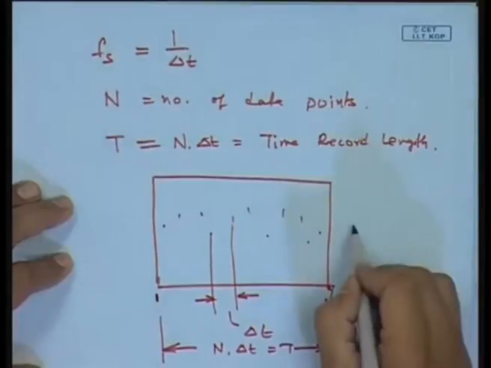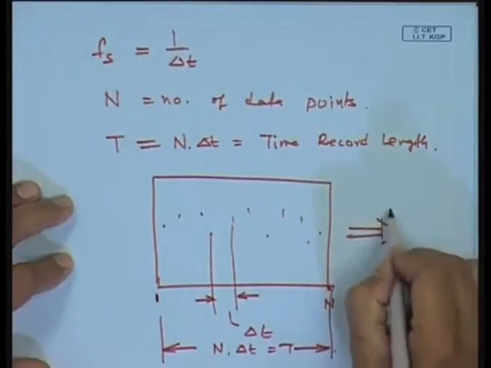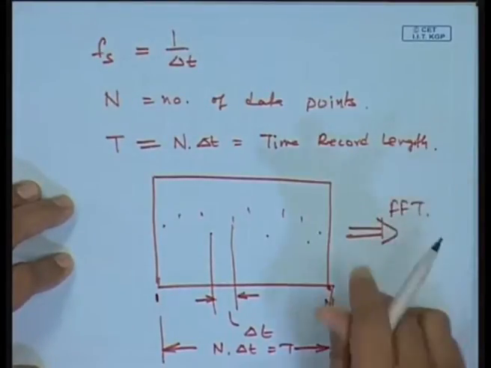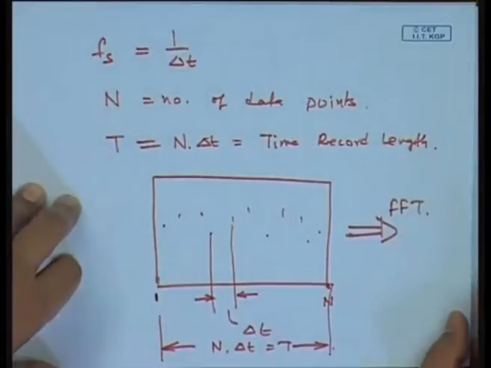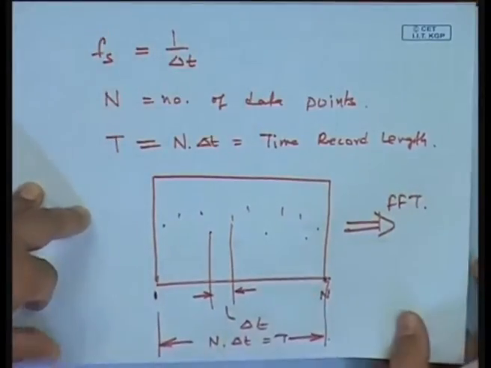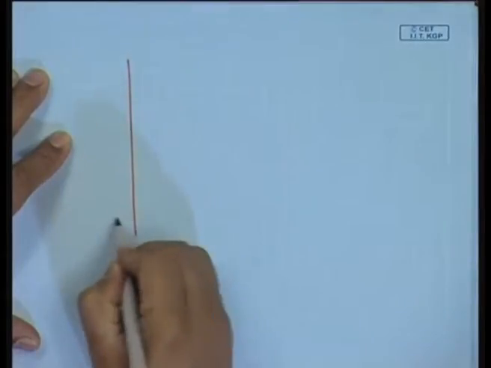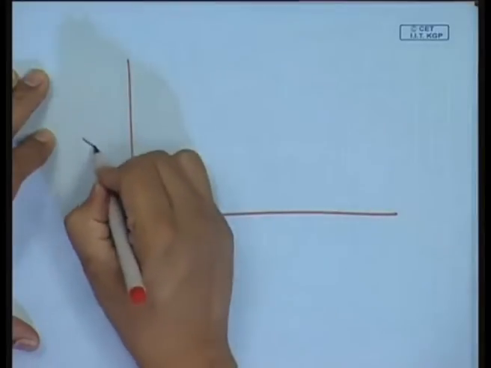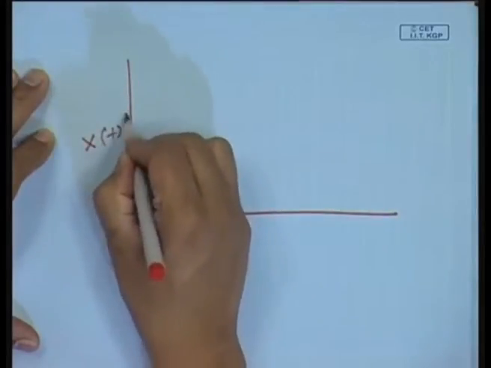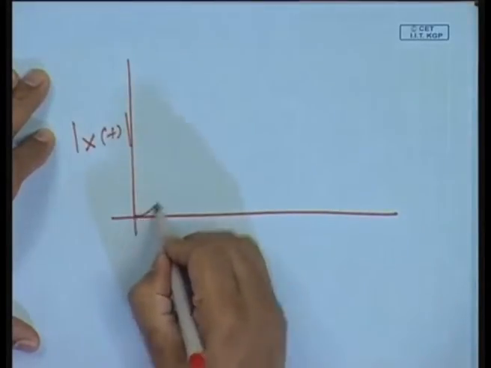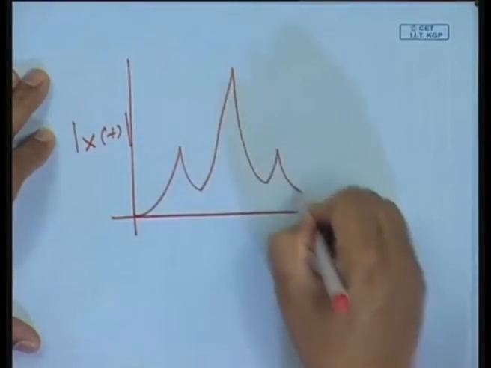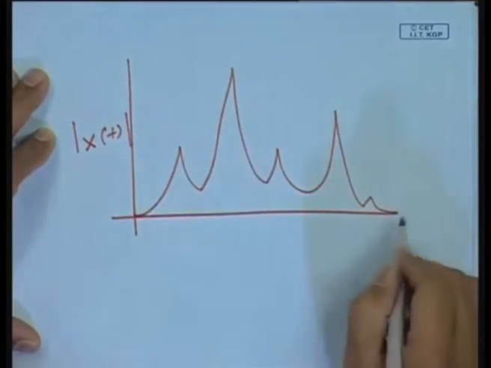Now, once we do FFT, this will be converted to the frequency domain, and let us see if I was to plot the results of FFT. Say, let me put the amplitude of this, and I am getting a plot like this, wherein I have joined all the frequency components.